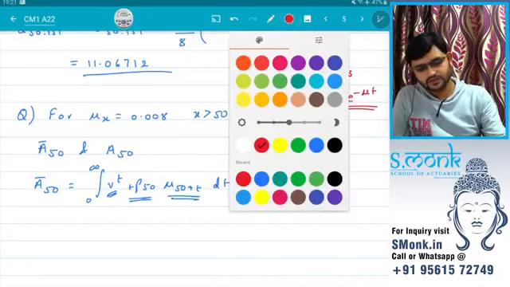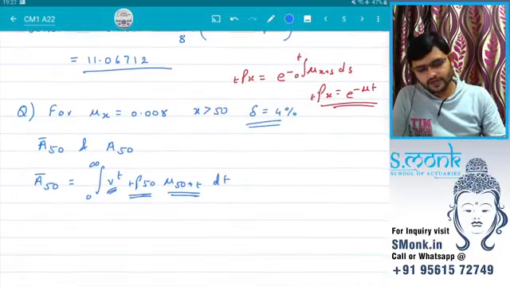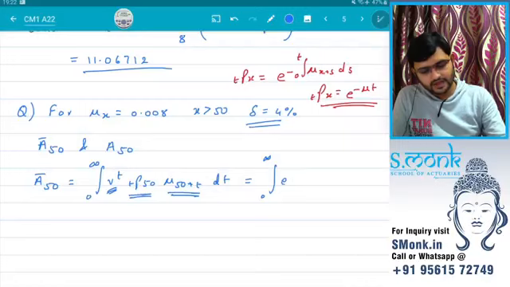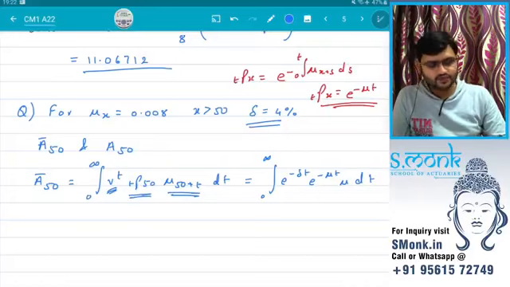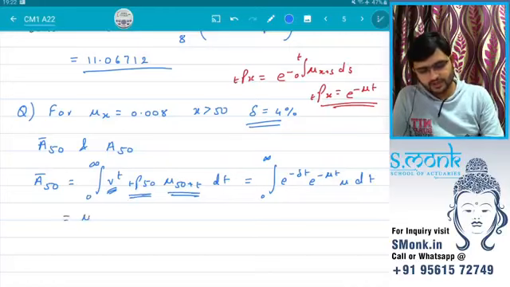Because we have a constant force of mortality here, I can write this as integration 0 to infinity of e raised to minus delta t and e raised to minus mu t, then mu dt. Mu is just a constant, it will come out. I will have integration 0 to infinity e raised to minus (mu plus delta) t dt.